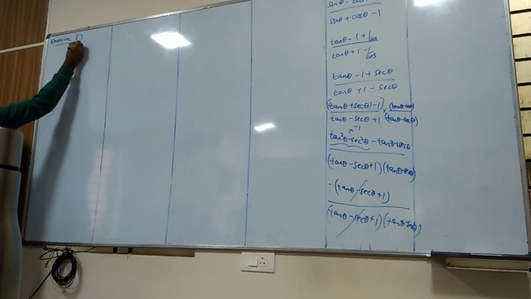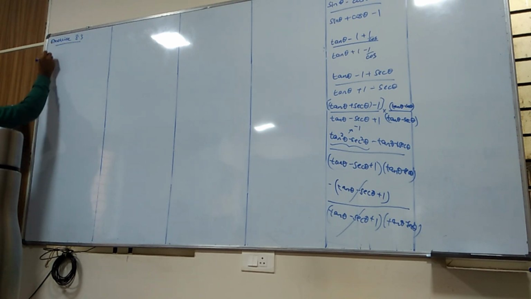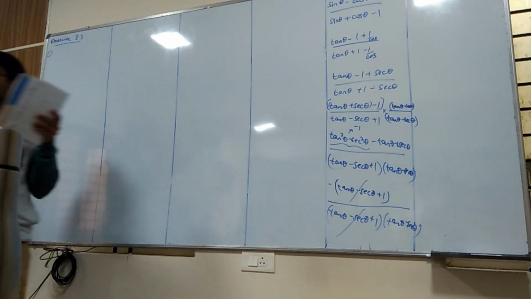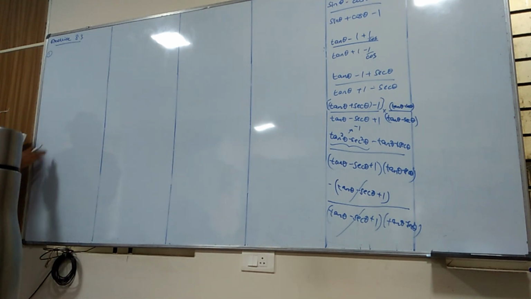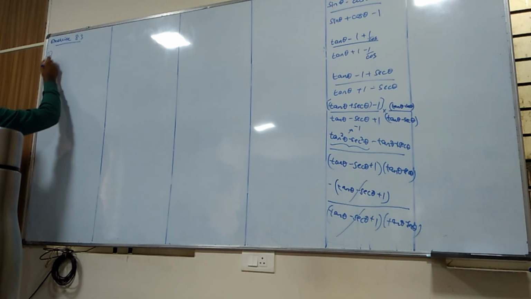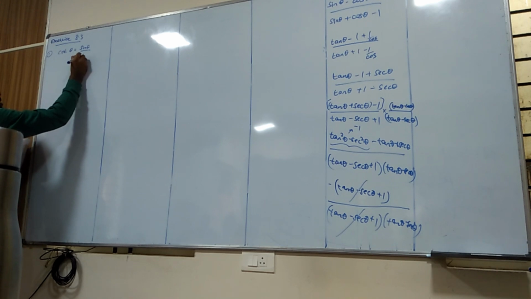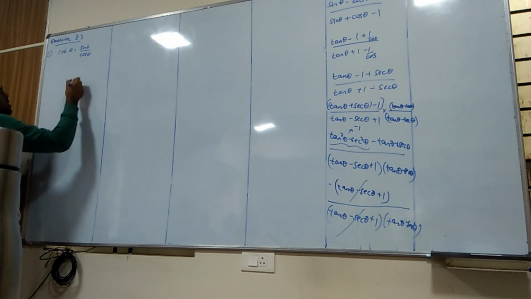Exercise 8.3. Express all these, sine, secant and tan, in terms of cot. In terms of cot. What is cot theta equal to? Sine by cos.